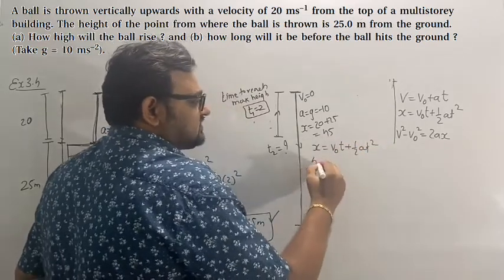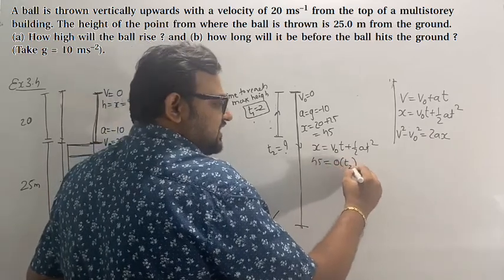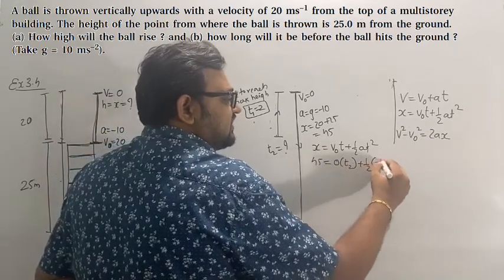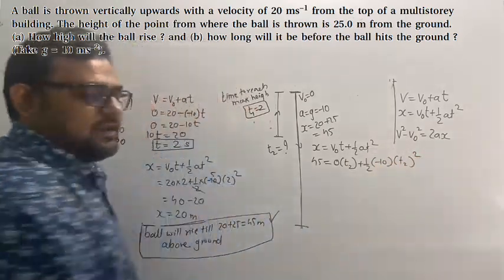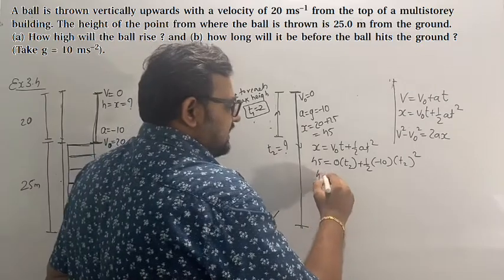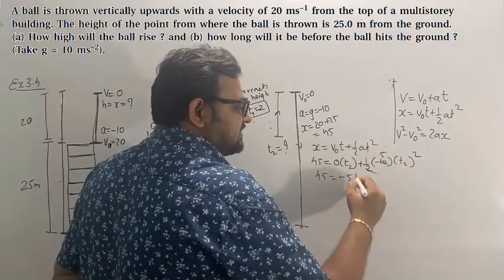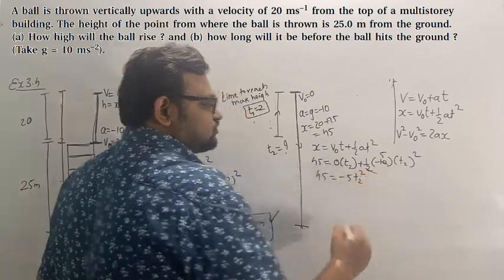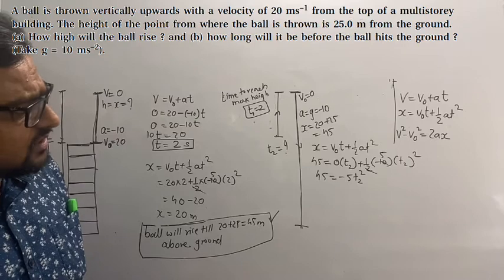So here what is x? 45. v0 is 0. Time, let's take t2. Half, acceleration minus 10, t2 square. So 45 will be equal to 0 plus 5 minus 5 t2 square. Clear? So just a minute.